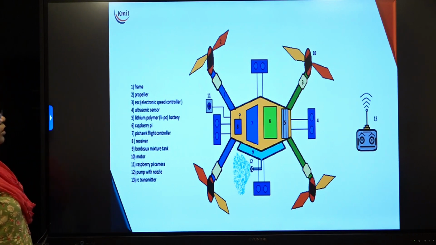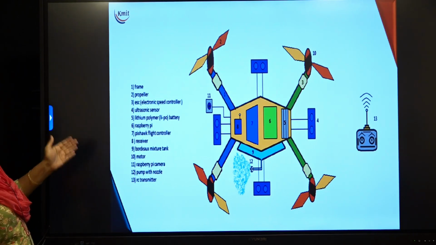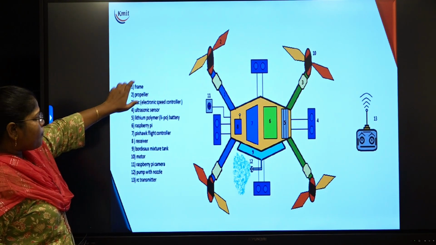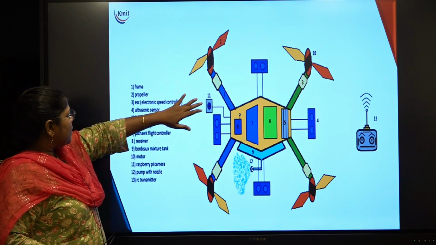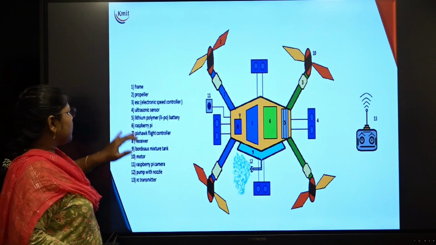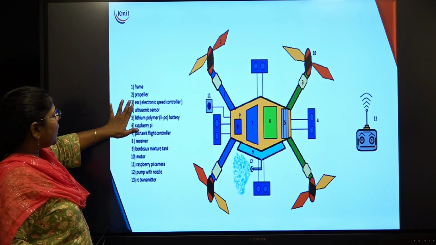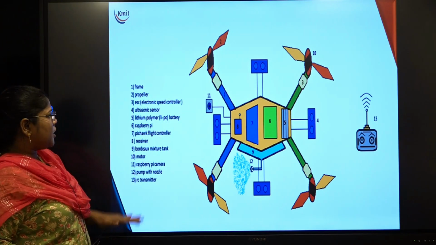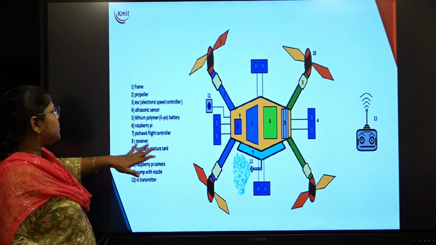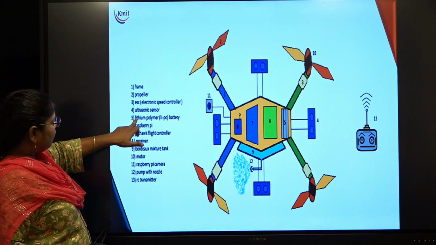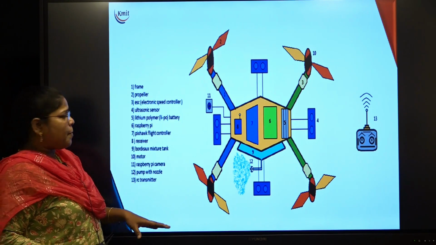Coming to the drone. In the drone we have the frame first, and second, propellers. There are 4 propellers. Then we need an electronic speed controller, and we have ultrasonic sensors. Next we need lithium polymer batteries.